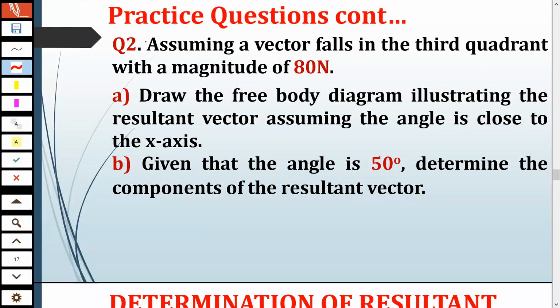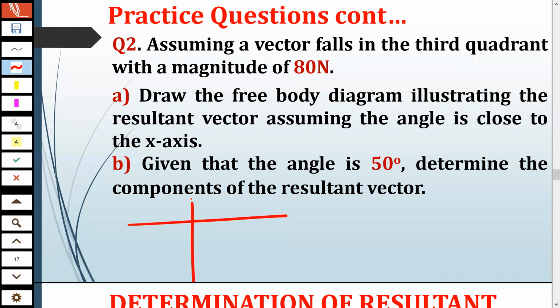So we have this question which says, assume a vector falls in the third quadrant with the magnitude 8 newtons. Draw a free body diagram illustrating the resultant vector, assuming that the angle is close to the x-axis. So this one is simple. They are saying it falls in the third quadrant, so we're going to have something like this.